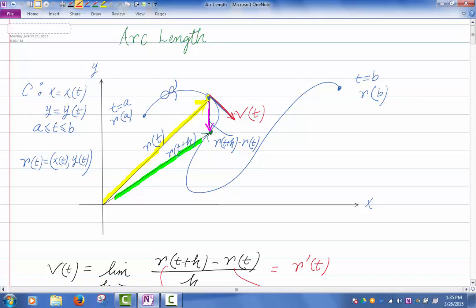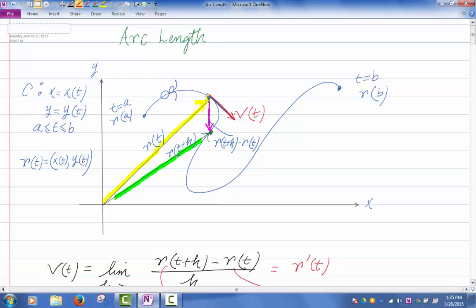Now, if I have the position vector, then what's the velocity vector? What should be the velocity vector? Well, the velocity vector should be tangent to the path, right? Because if you're moving along the path, at the point r of t, the velocity should be tangent to the path, because the velocity should tell you the direction at which the bug is moving, right?